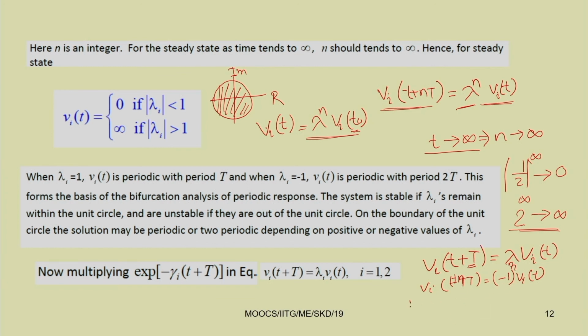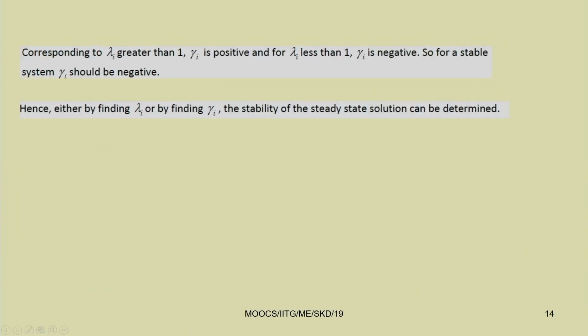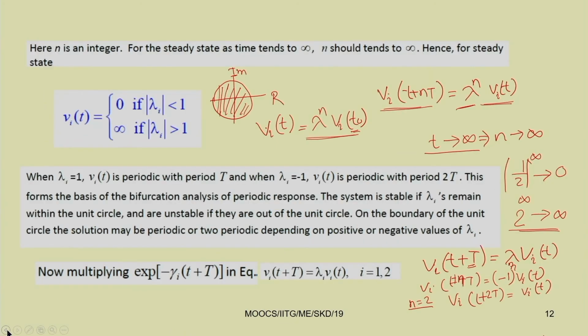So, for n equal to 2, with nT we are taking, 2T will give V_i(t). That is why, if lambda_i equals minus 1, then V_i is periodic with period 2T.